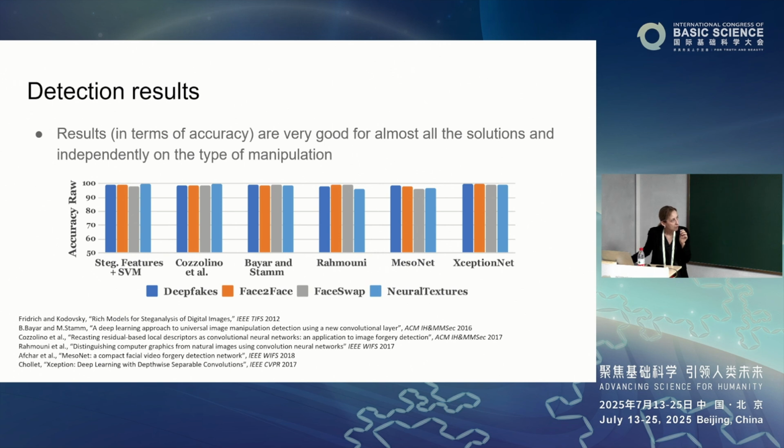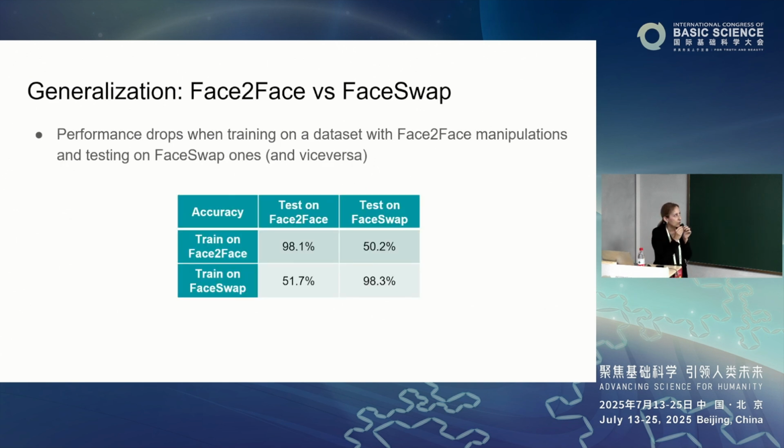But indeed, this happens only if you have the specific type of manipulation in training and of course also in test. If we do a sort of generalization analysis, so we train only on Face2Face and test on face swap, then the performance drops to 50%. So everything is perfect if you know the type of manipulation and this manipulation is present in training.